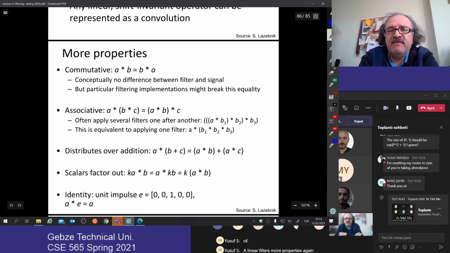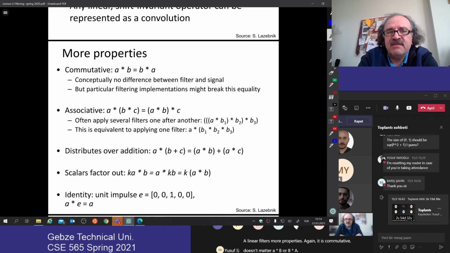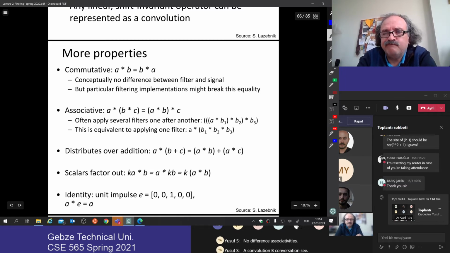More properties again. It is commutative. Doesn't matter, A times B or B times A, no difference. Associativity: A convolved with B, convolved with C, is the same as this.